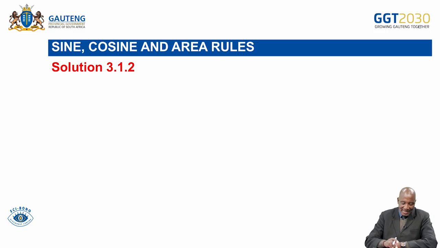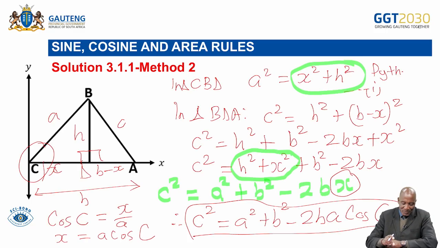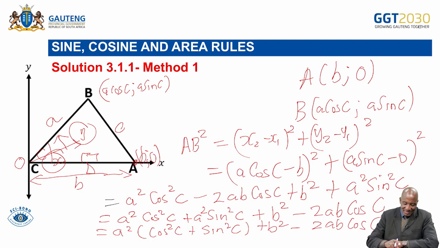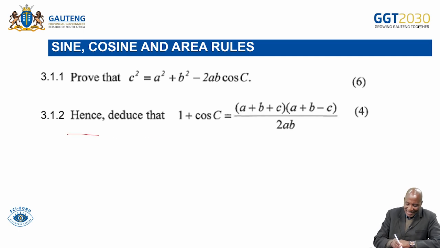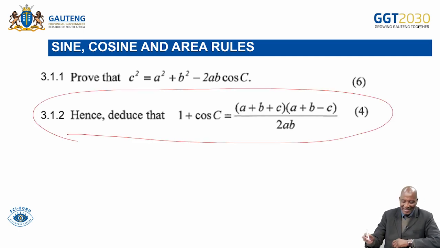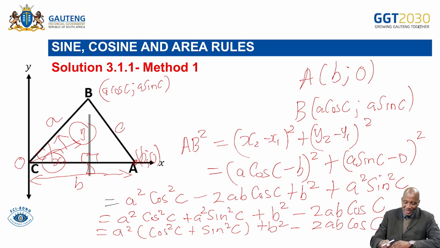Then the next question said, show, there is our next question. We need to show this part here, that 1 plus cos C equals a squared plus that, all divided by 2. How do we show that?